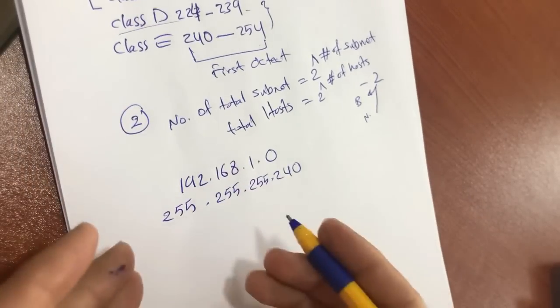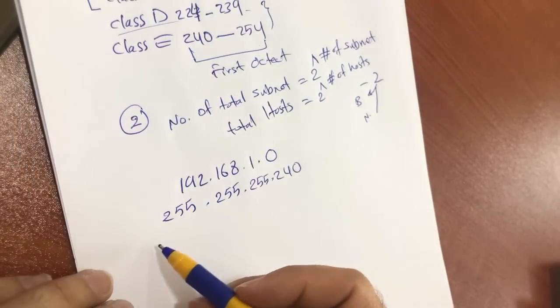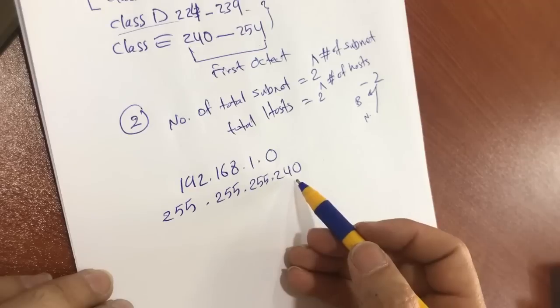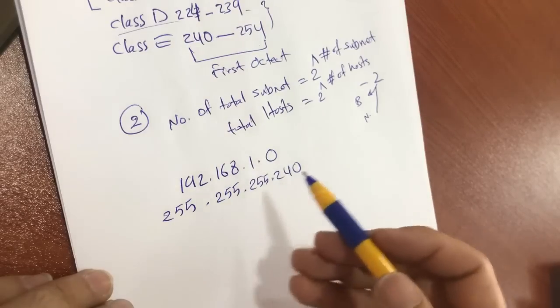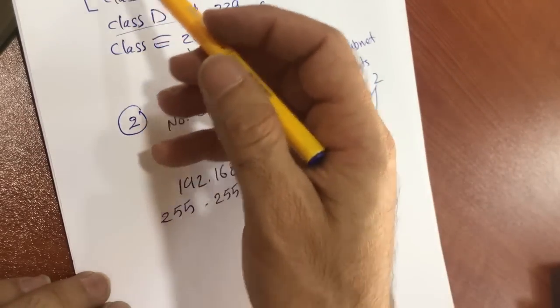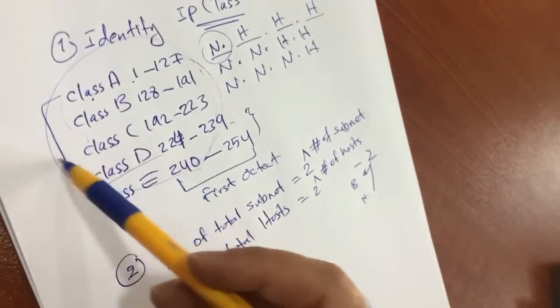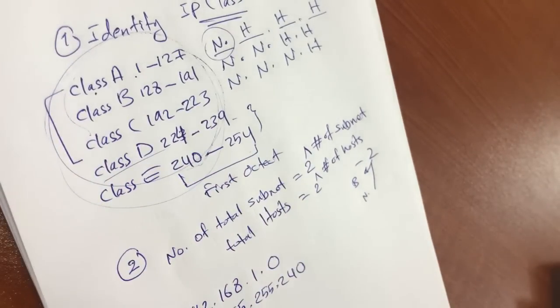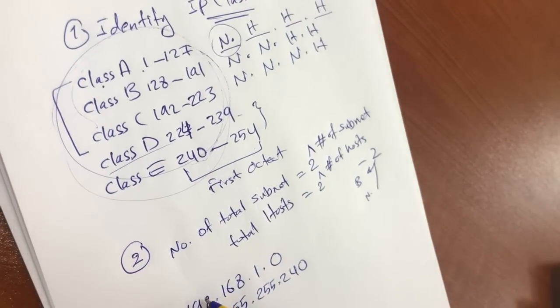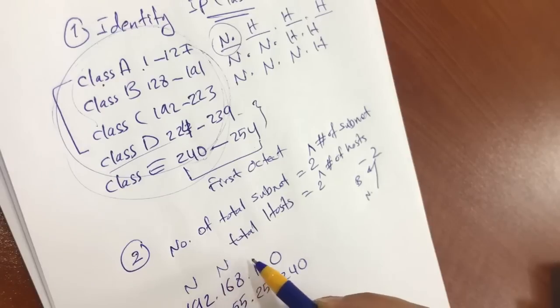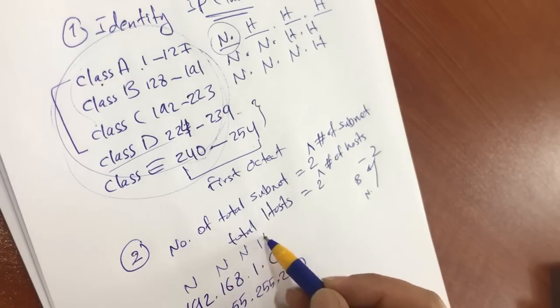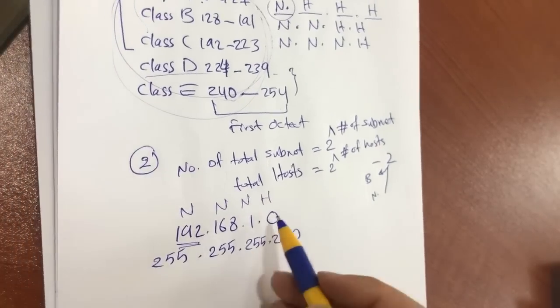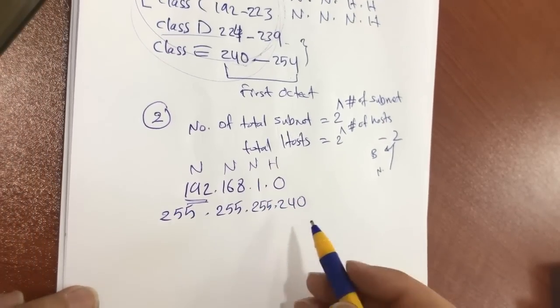If it asks you to find the total subnets and the total hosts, what do you do? The first step, as I said, is to identify which class you have. Here we have class C. So from class C, we know that we have 3 network portions and 1 host portion.